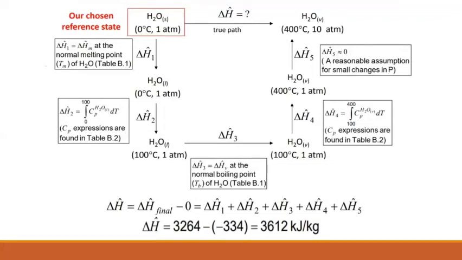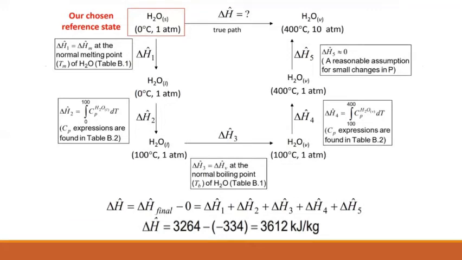And next is the temperature shift, which we can see at H2, the temperature shift from 0 to 100. To calculate H2, we have to use the specific heat expression, which can also be found in table B2 in the same book, where we just integrate the expression of specific heat in terms of the temperature, which in this case is 0 to 100.